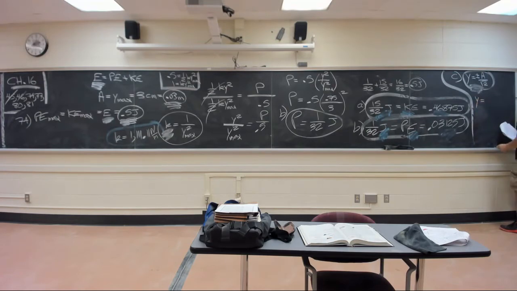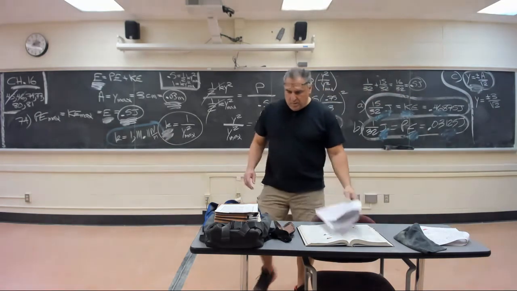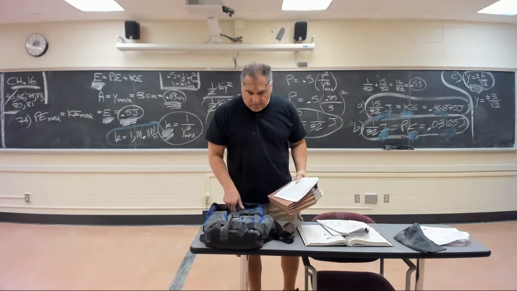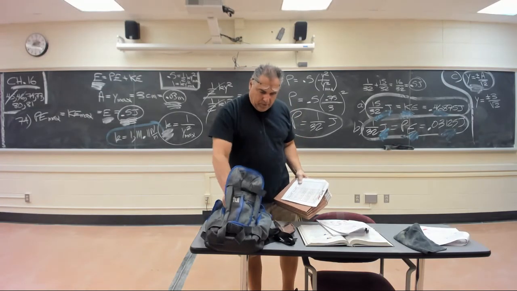What do we got? Well, we got 3 divided by the square root of 2, plus or minus. And I'm getting 2.12. Just in case something crazy happens, guys, it's good to catch things while you're doing them.